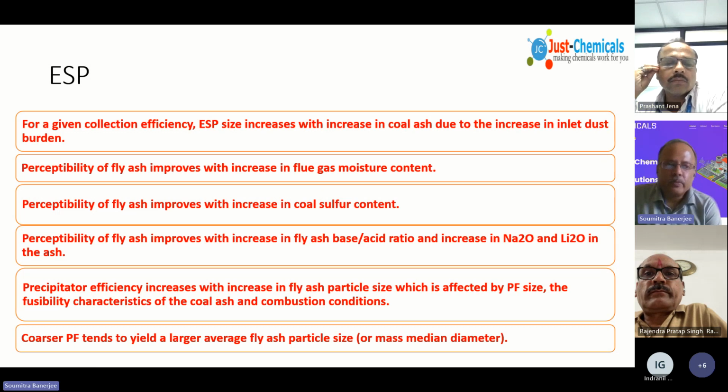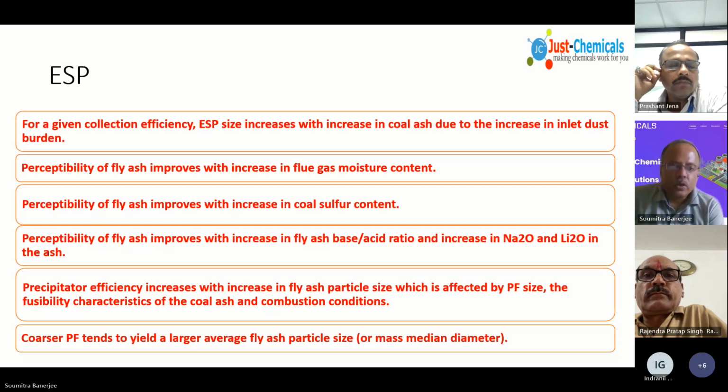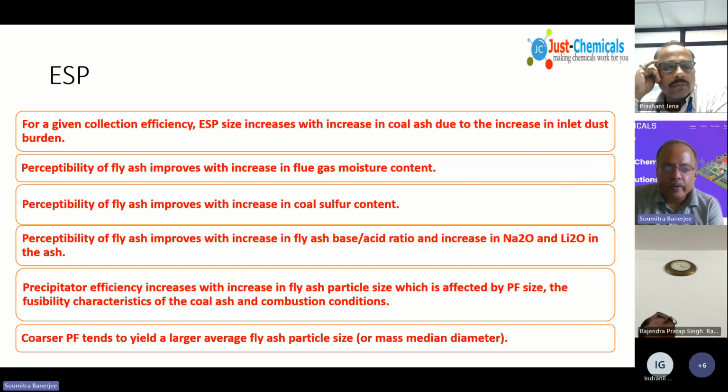Precipitability of ash improves with increase in flue gas moisture content. Sulfur content increase होगा तो the precipitability will increase.